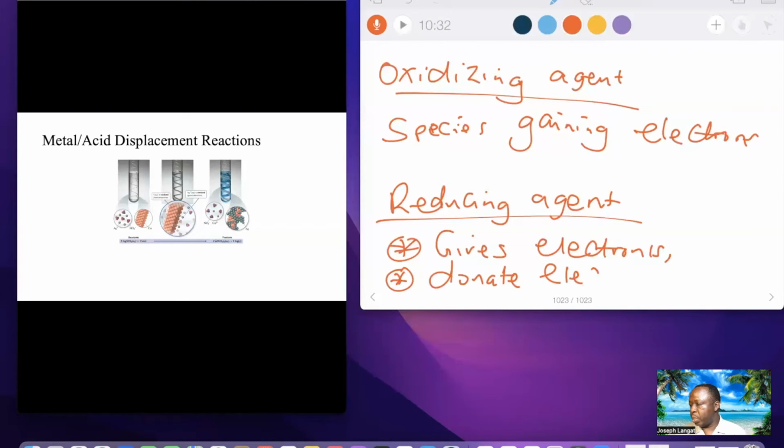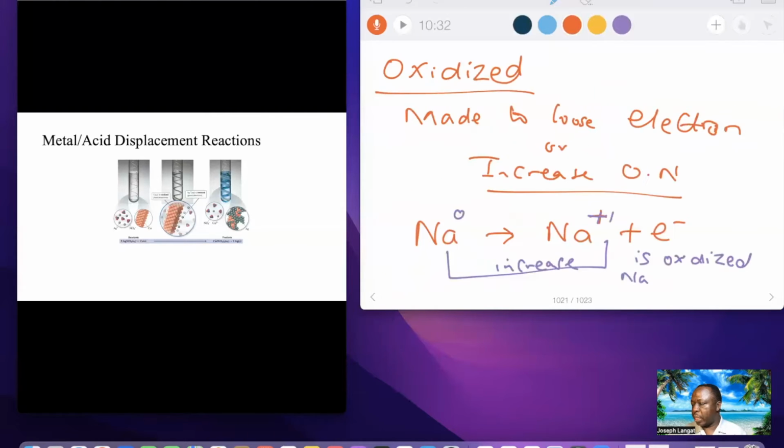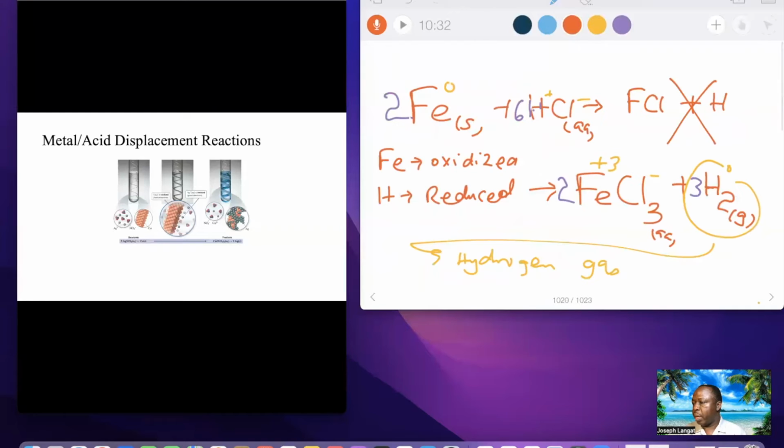It's fine with me so long as you identify the reducing agent and the oxidizing agent. Let me go back to this example here and identify the oxidizing agent, reducing agent, okay? Iron is donating electrons, is losing. So this is reducing, all right?